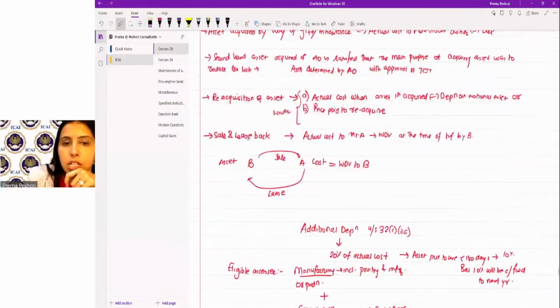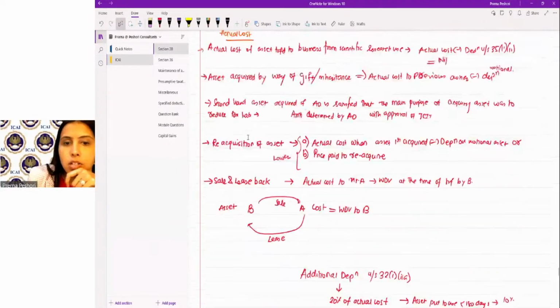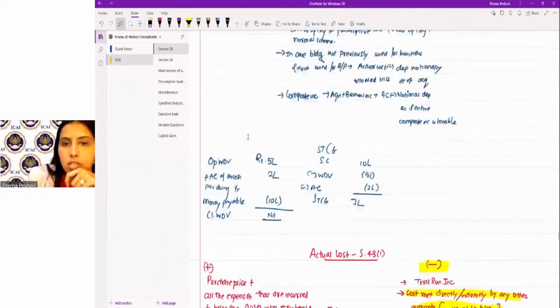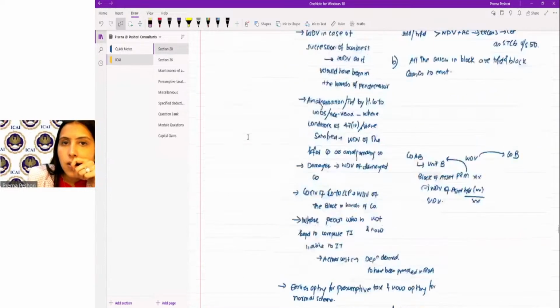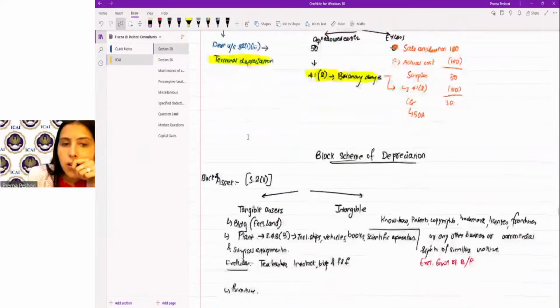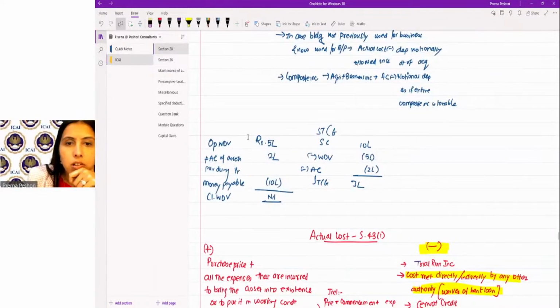PGBP. Where is it? Yes, this one. So what did I tell you at that point in time? What was the computation for the depreciable asset?